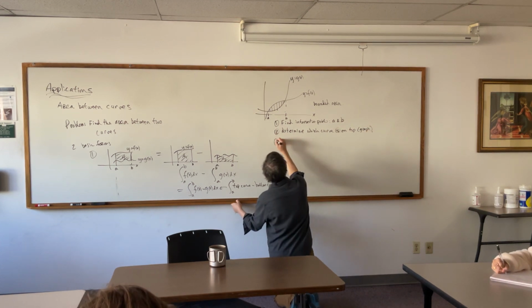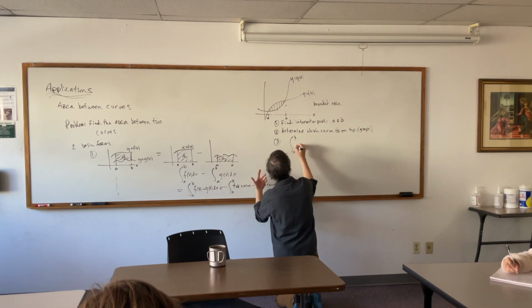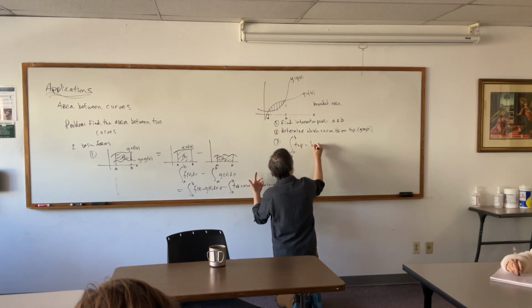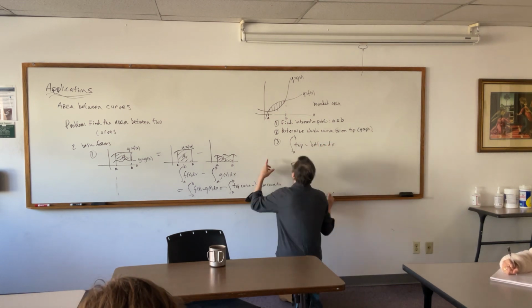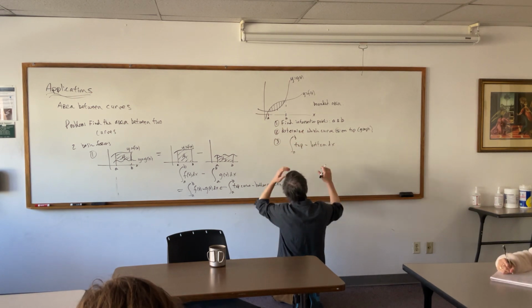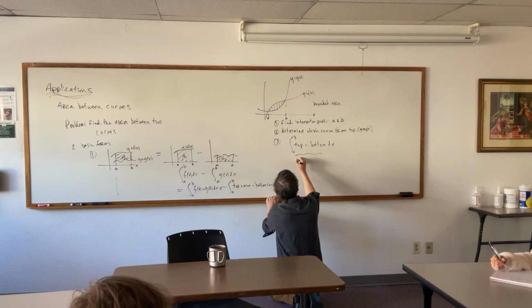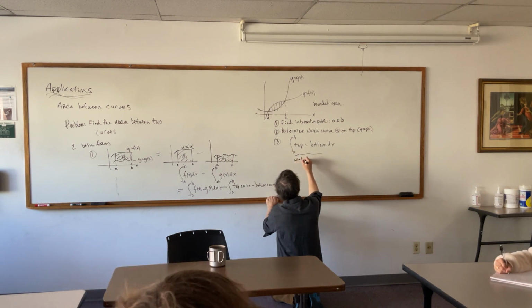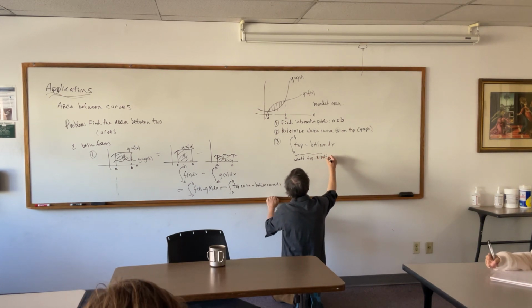And then three, same procedure, it's just going to be the integral from A to B of the top curve minus the bottom curve, dx. If I had a couple regions up there, the top and the bottom might change. So let's just make a little note here: what's top and bottom might change?